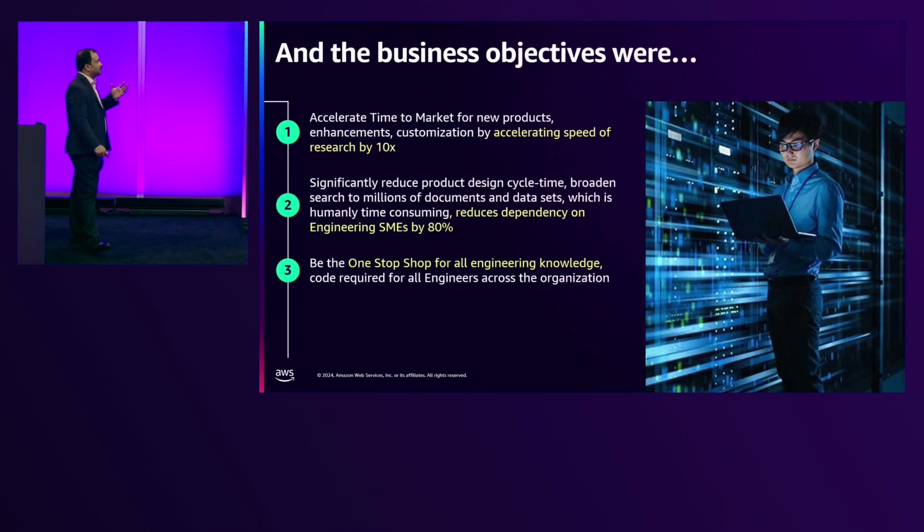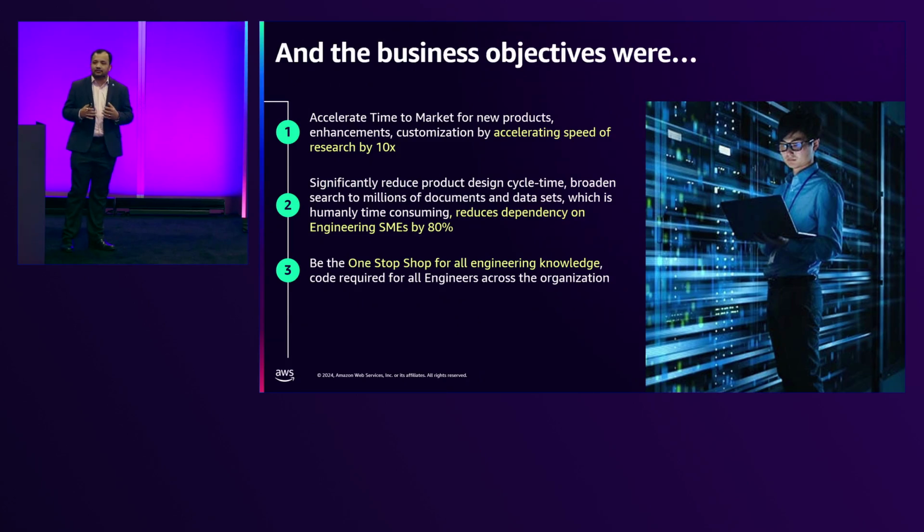The business wanted a 10x increase in product research. They want to accelerate collection of data, summarization of data, and making recommendations for product enhancement. Then it also improves the design cycle lifetime. How long does it take to improve the product design?